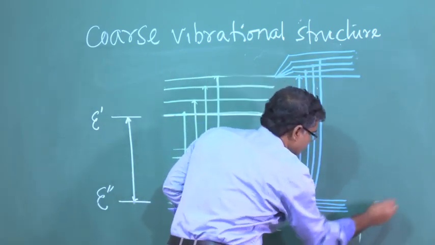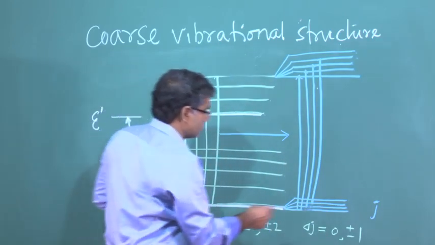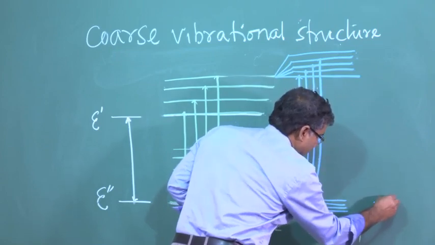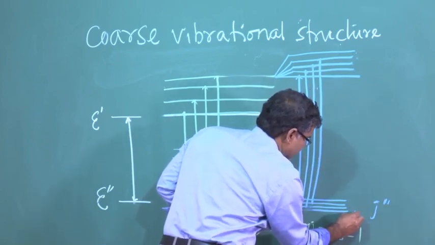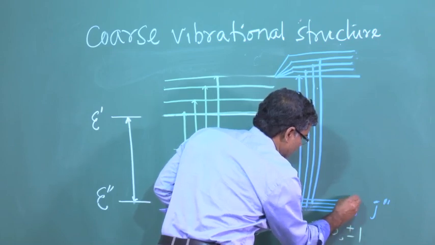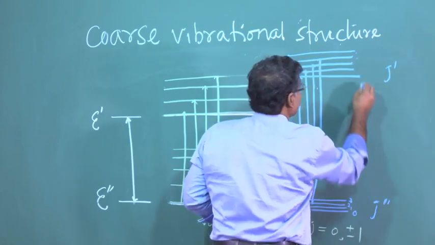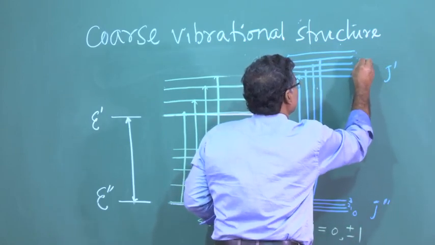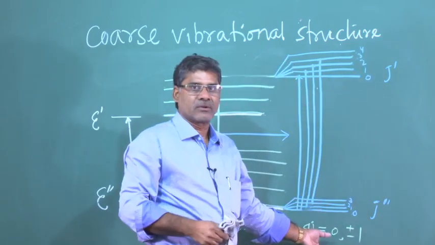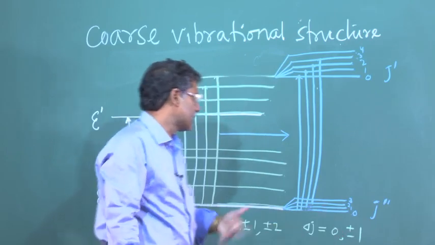So, say this is J double dash, this is 0, 1, 2, 3, and here J dash, this is 0, 1, 2, 3, 4. Okay. So, one has to follow this selection rule. We will discuss this in detail.